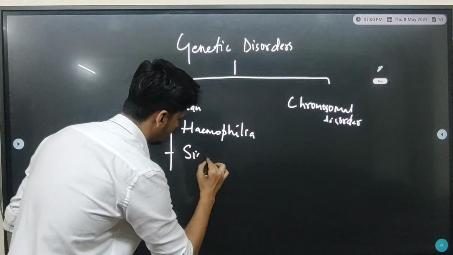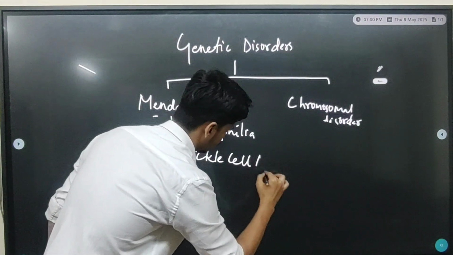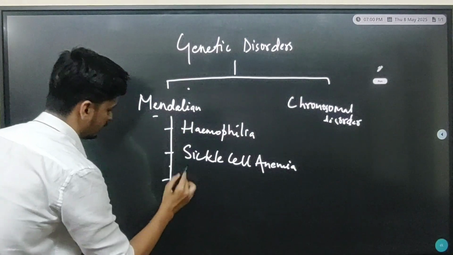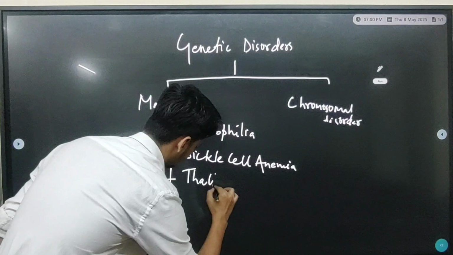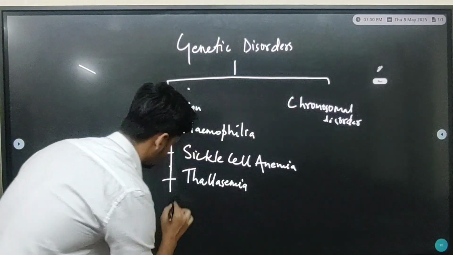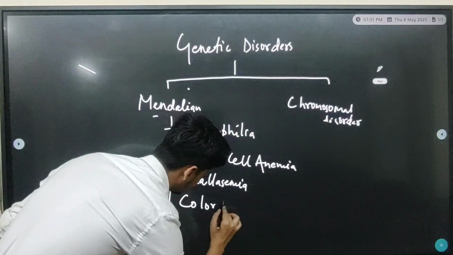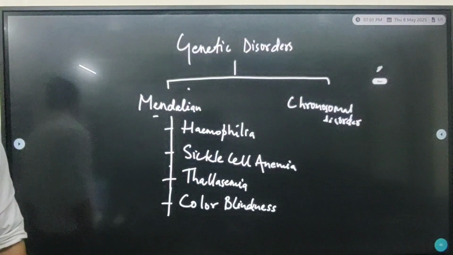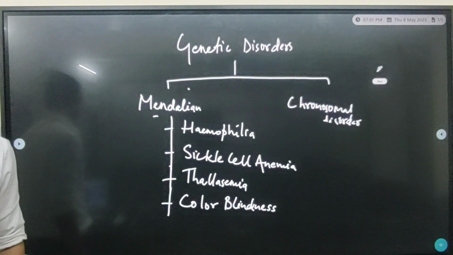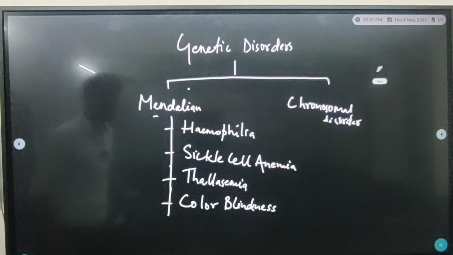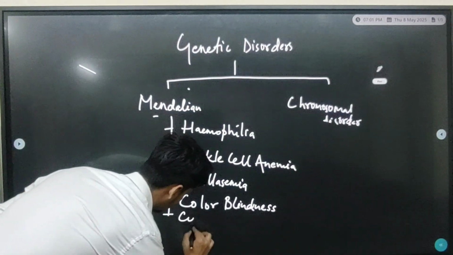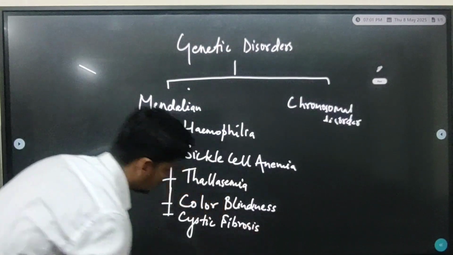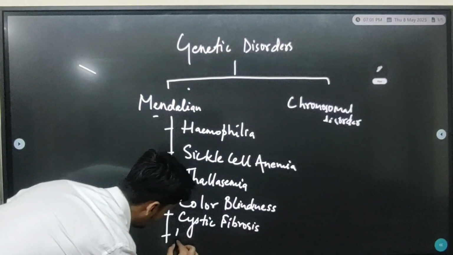Hemophilia is there, sickle cell anemia, thalassemia, color blindness, cystic fibrosis, phenylketonuria.